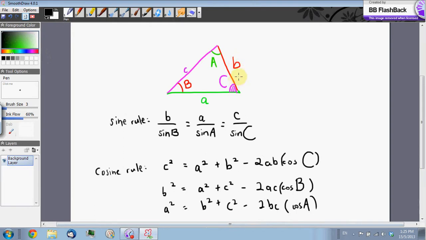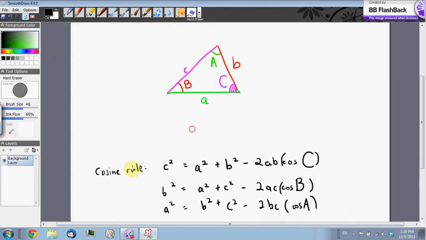But the most important thing is you have to name the sides and the angles with the same letter, one capital, one not capital, so that it's easier for you to solve the problems. Now I'm going to erase all this.